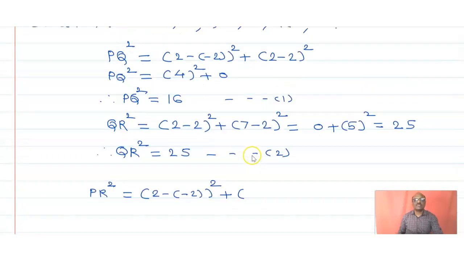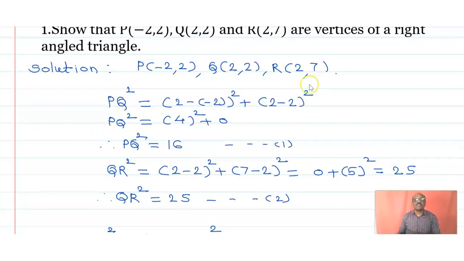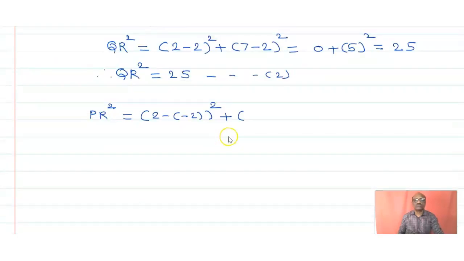And the next is 7 minus 2, whole square.